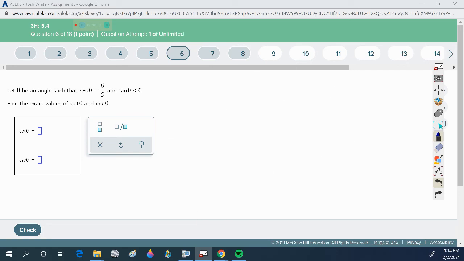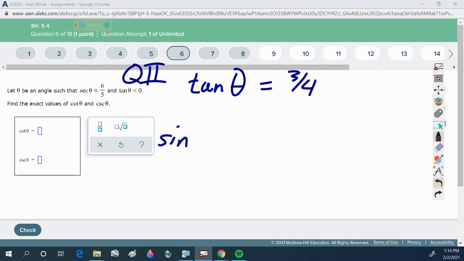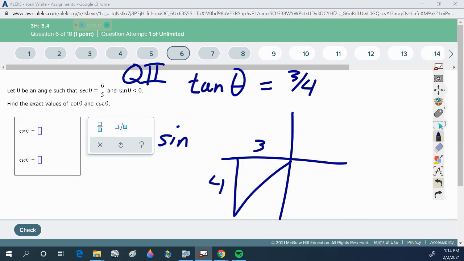Okay, but what about this? What if I had the tangent of theta is 3/4, and we're in quadrant 2. What is the value of the sine? Draw my reference triangle. How do I label it? So the sine of theta would be, is nobody going to correct me?